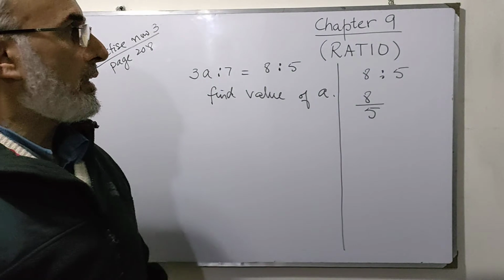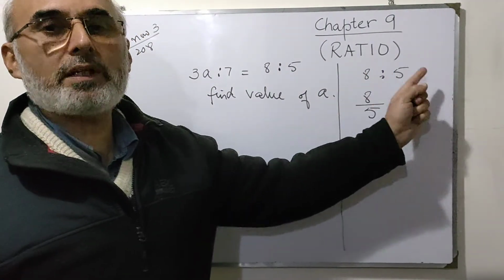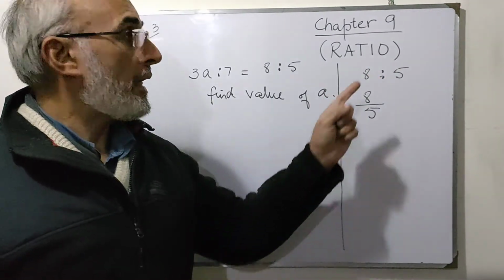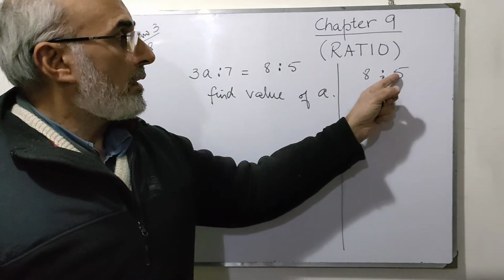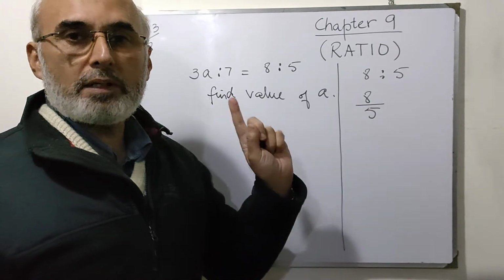Okay, this same ratio, we are comparing one number with another number, can also be written in this form, 8 divided by 5. The first number becomes the numerator, the second number becomes the denominator.